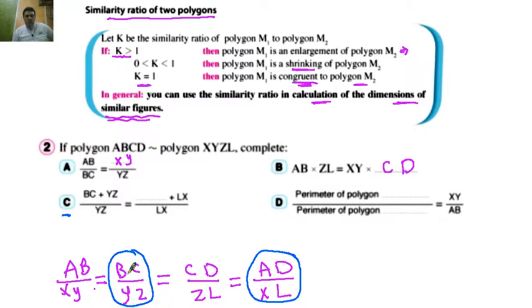Numerator plus denominator over denominator equals numerator plus denominator over denominator. That is the properties of proportion.